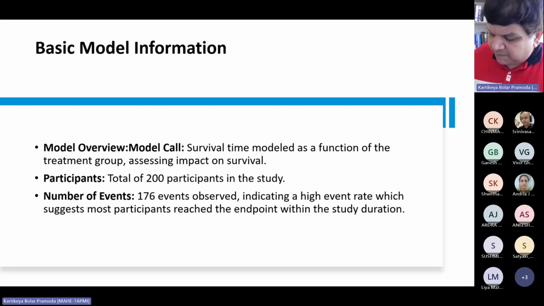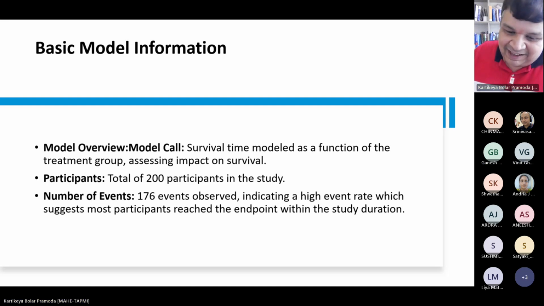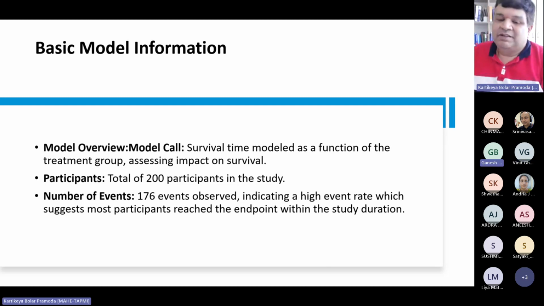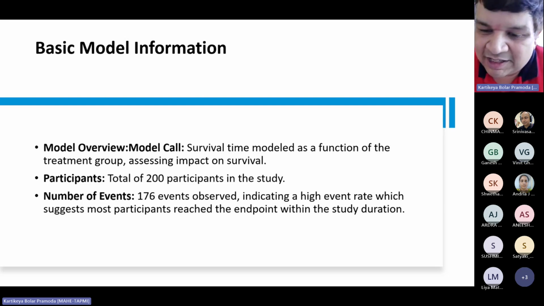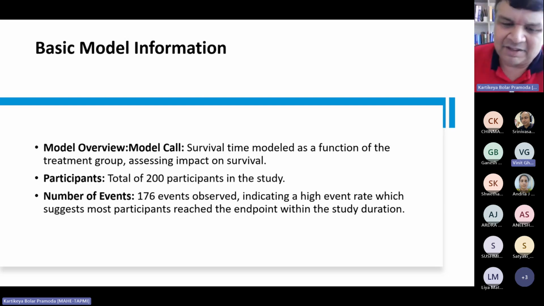For instance, in the situation of a person leaving an organization, if the study period is somewhere between February and April, then there is a possibility of having a lot of events. Usually that is the case here.